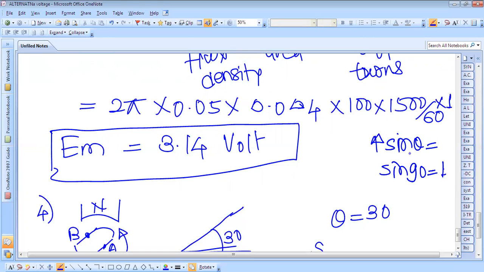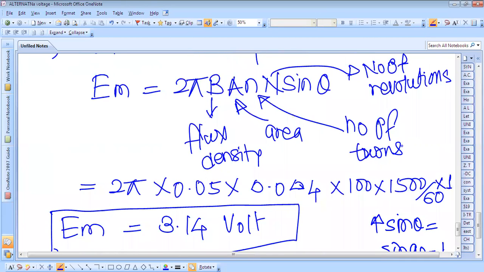That's why we have multiplied here 1, because sine theta is there.